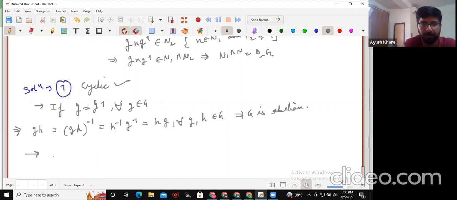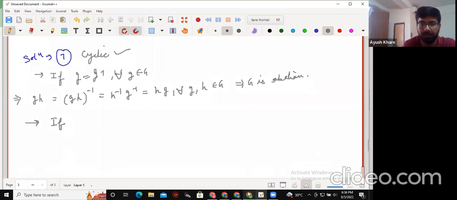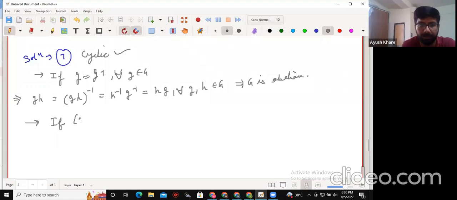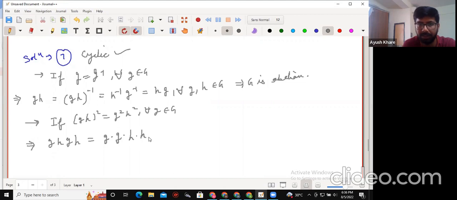Now, what if, the third part, for every two elements you have (ab) square equal to a square b square. So if (gh) square equal to g square h square for all g, h belongs to G, right? So this is also a one-liner. Just write this square, open this square bracket, and you will have g, h, g, h on one side and g, g, h, h on the other.